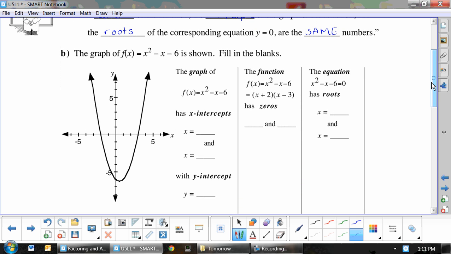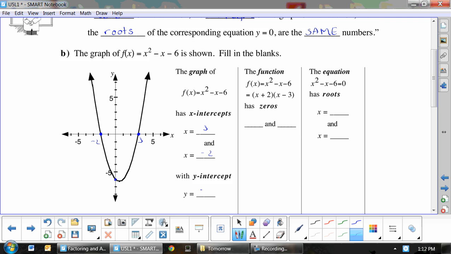So if we look at our graph here, we can fill in the rest of the blanks based on just this graph. The graph of the function x squared minus x minus 6 has the x-intercepts. You can tell me what these are just by looking at it. Yeah, 3, negative 2. And what's our y-intercept?